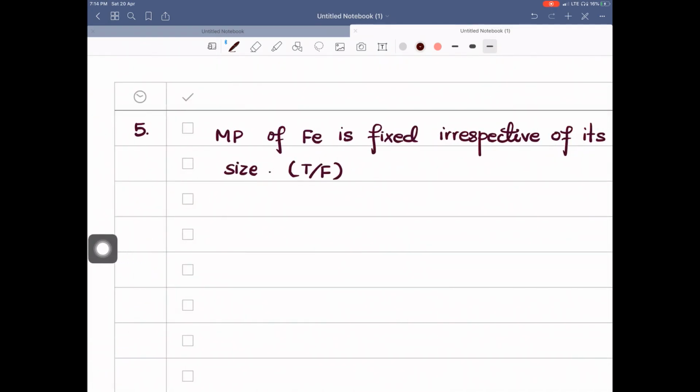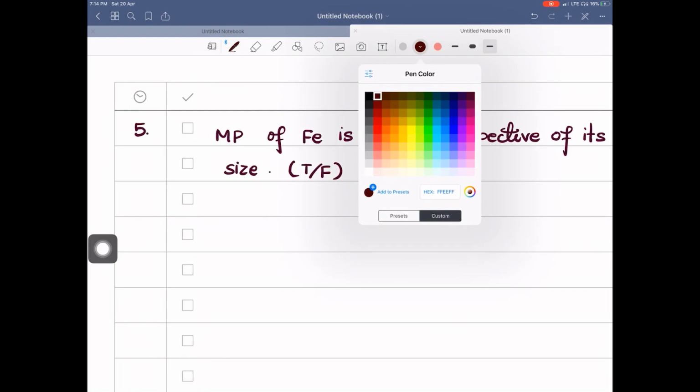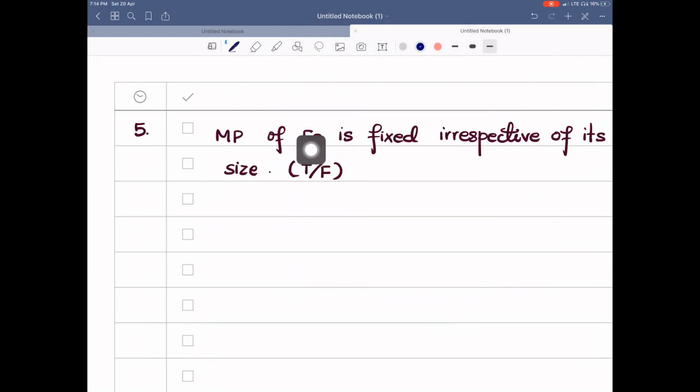The last one, let's see this one. Melting point of iron is fixed irrespective of its size, and this is again false, because we know that when you decrease the size, surface area increases.